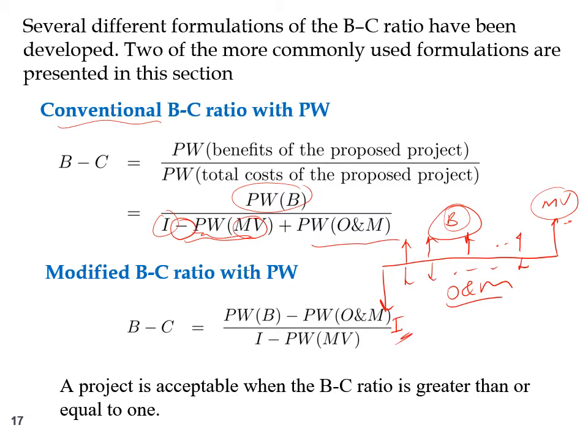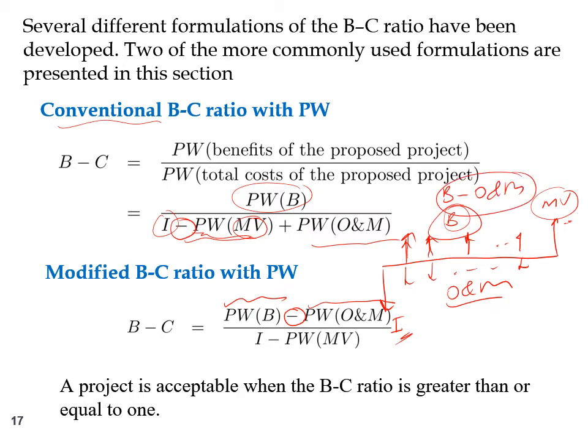In the modified version of this, in the numerator we have the present worth of the benefits like the previous one, but this time we are subtracting the present worth of the operating and maintenance cost. Simply, you can assume that you are just finding the net value. B minus O and M is the net annual value.